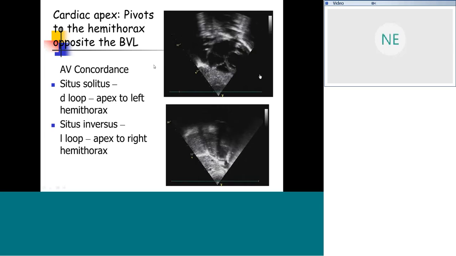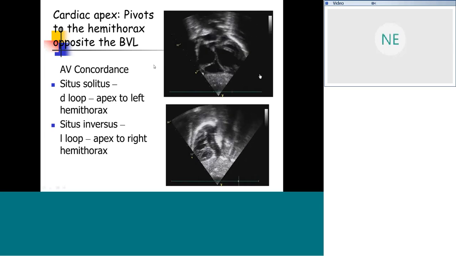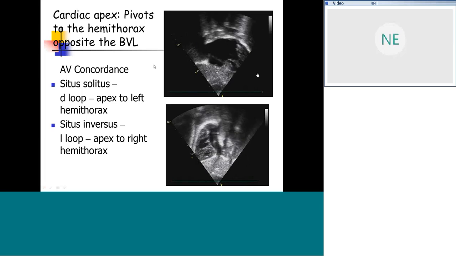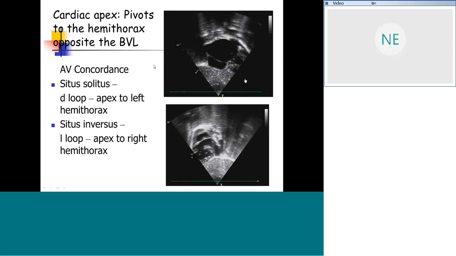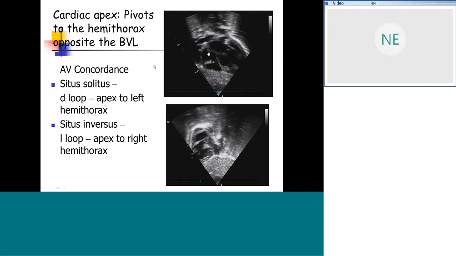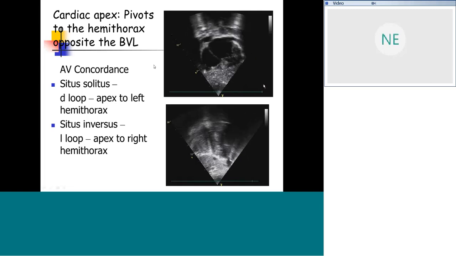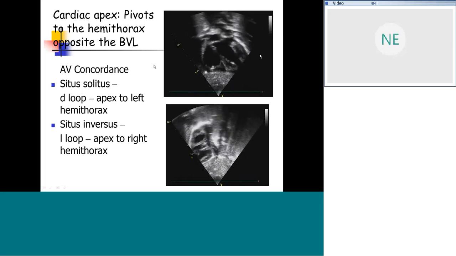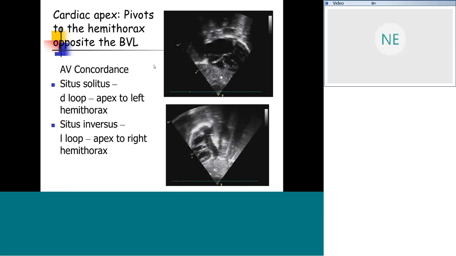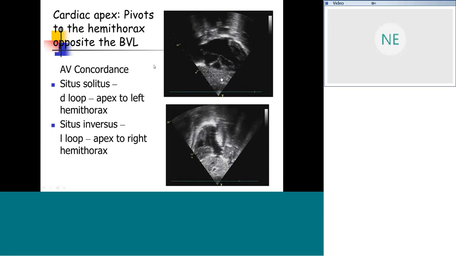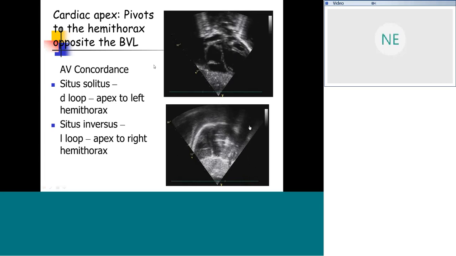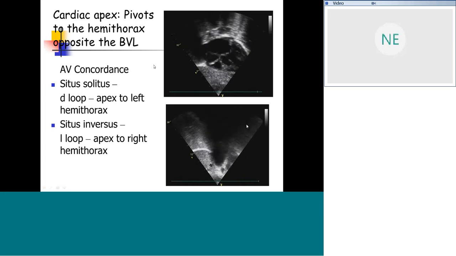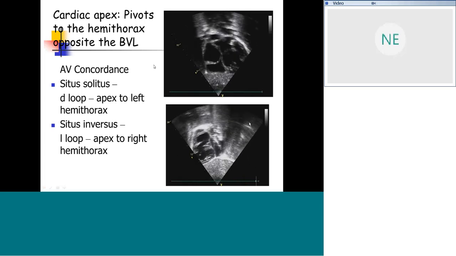This is because of the process which happens during the looping of ventricles. So the looping of ventricles to some extent is related to the position of the apex of the heart. So in general, it is levocardia. The position of the apex is to the left side in situs solitus with D-looped ventricles. Whereas in general, when it is inversus with L-looped ventricles, the apex of the heart is to the right hemithorax. That means dextrocardia. This is to some extent correlating and not always.